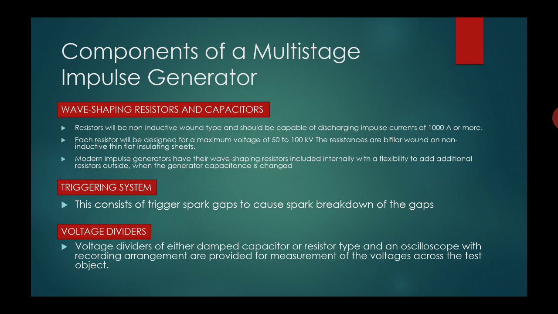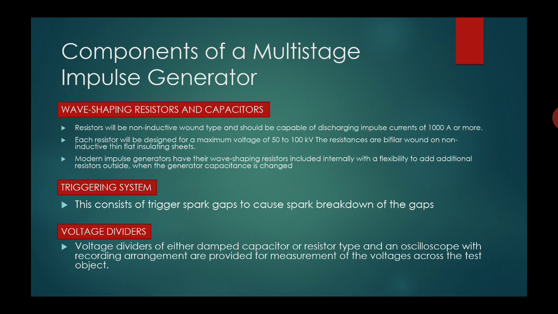Then the other components are the wave shaping resistor and capacitor. So what does this resistor capacitor do? It changes the shape of the impulse. These resistors will be non-inductive wound type and should be capable of discharging impulse current of 1000 amperes or more. Each resistor will be designed for a maximum voltage of 50 to 100 kV.